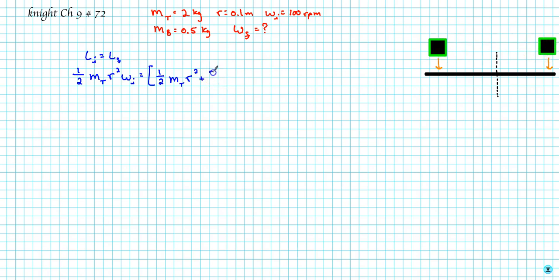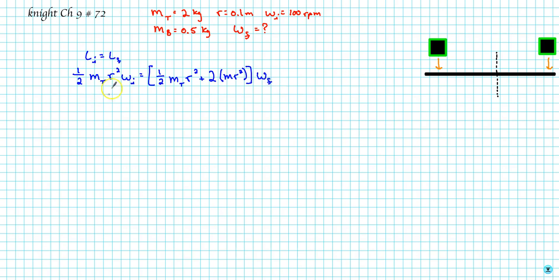Because there are two of them, I'm going to do 2 times mr squared. So the total moment of inertia is the sum of the individual pieces, times omega sub f.